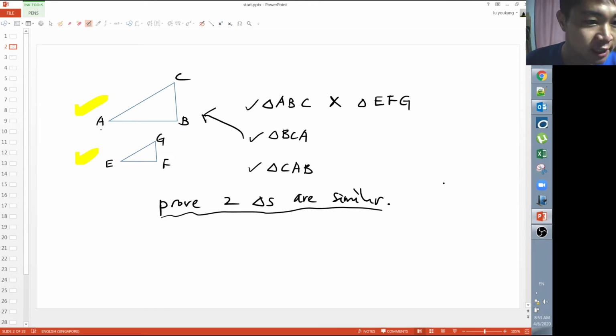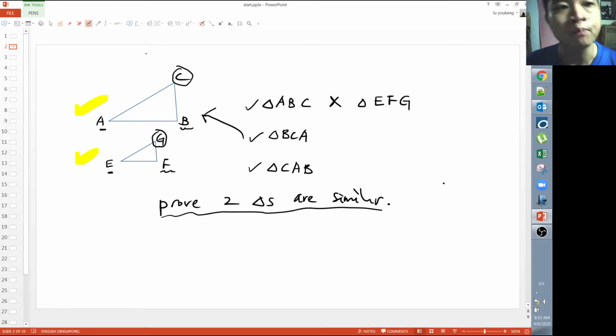I hope you can see your point A actually matches to your point E of the other triangle, and then your point B matches the point F of the other triangle. And last but not least, your point C matches the point G of this triangle.